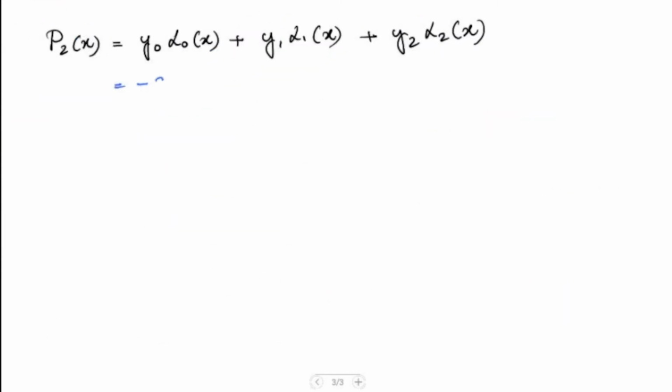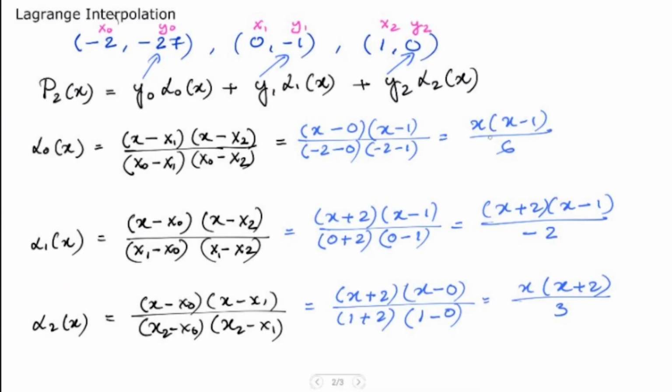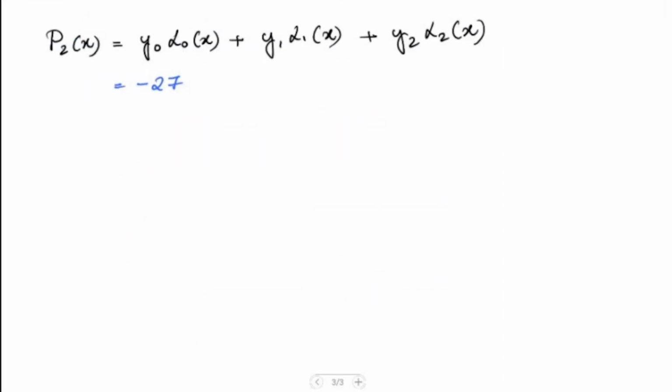So here we have minus 27 times L0, which we just found is x times x minus 1 divided by 6, plus y1, the value of which is minus 1, times L1, which was x plus 2 times x minus 1 divided by minus 2.